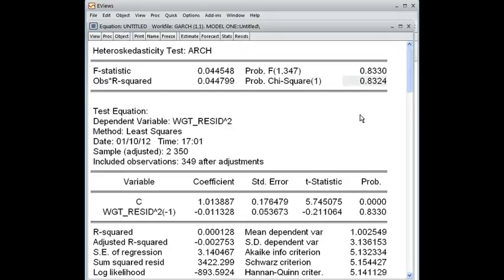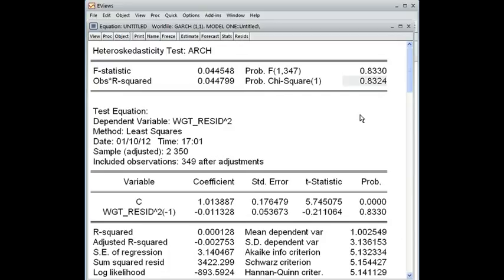The guideline is that if the p-value is more than 5%, we cannot reject the null hypothesis, which is that there is no ARCH effect.